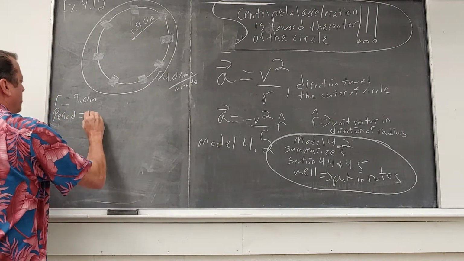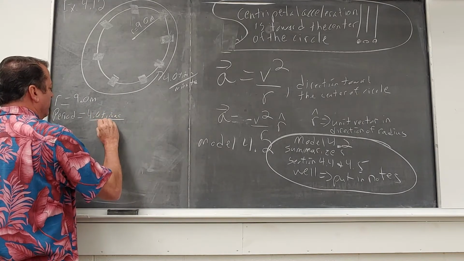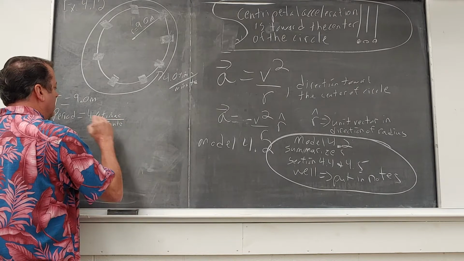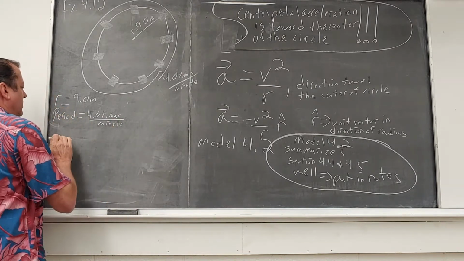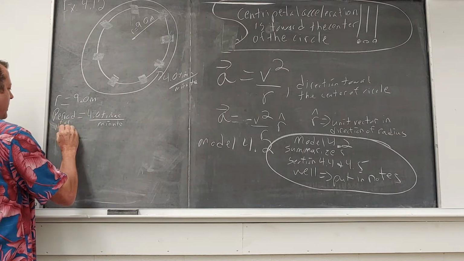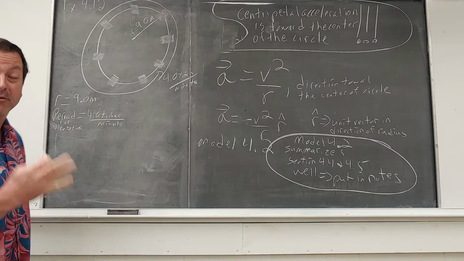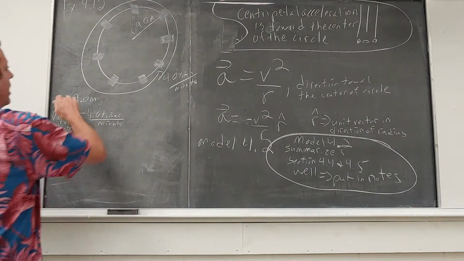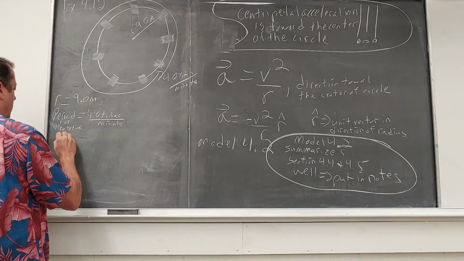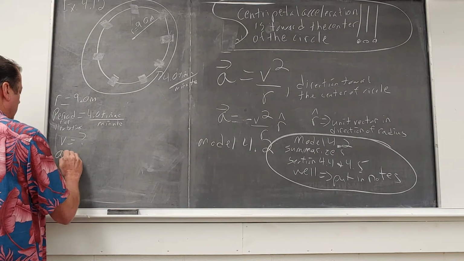We'll say 4 times per minute, but we've got to convert that to something. This is 4 rotations, that's not really a period. A period is for 1 rotation, right? And we want to know our velocity going around, and the acceleration going around.